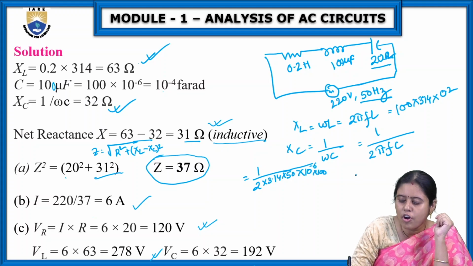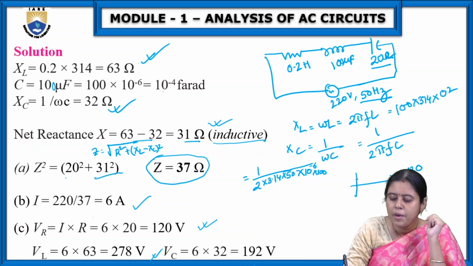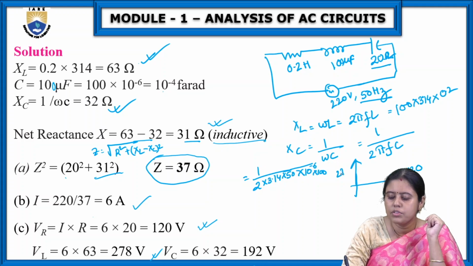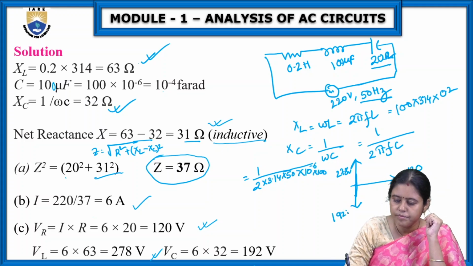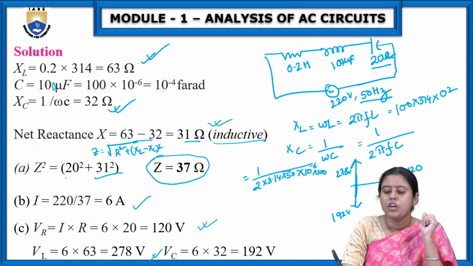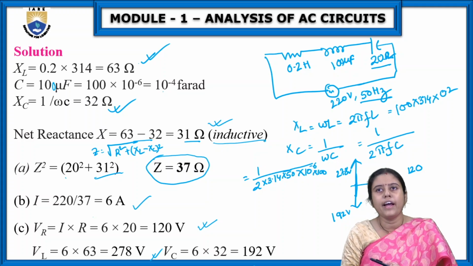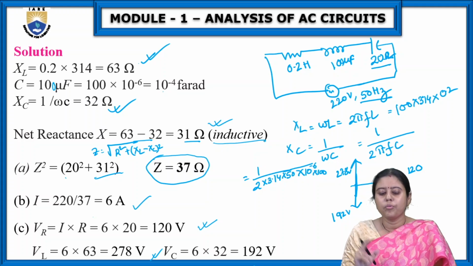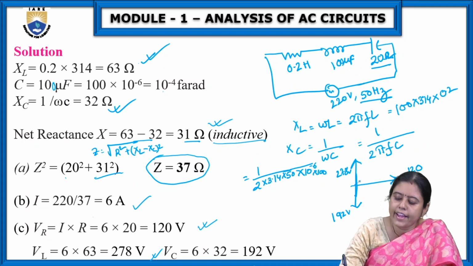So if I draw it, the VR value is 120 volt. VL is equal to 278 volt. VC is 192 volt. So this is not a simple addition. This is a phasor addition. And what is the angle phi?